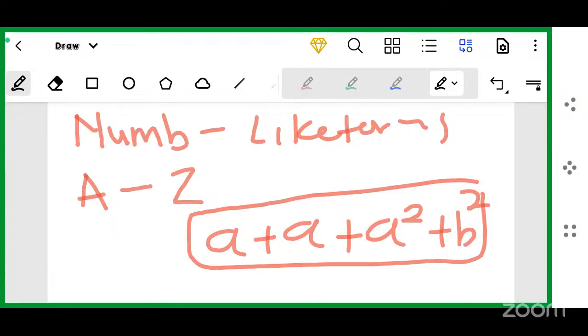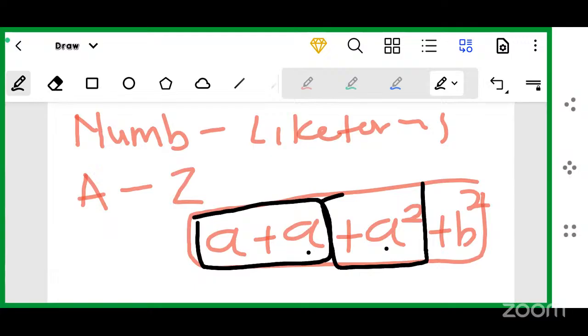Let me not say alike because A to the power of 2 and A are alike. So these two A's are literally going to be your like terms. The other A is not going to be a like term with these ones because it has to the power of 2. The power of 2 changes it into something else.